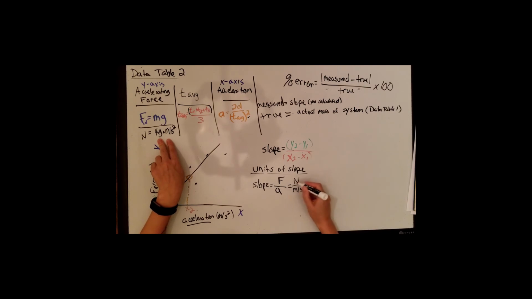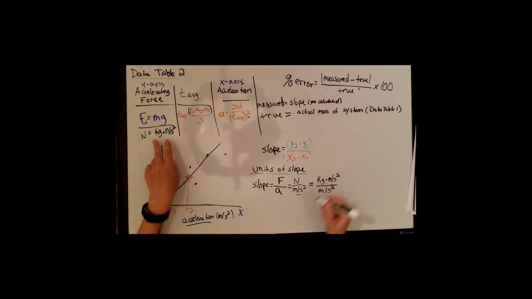So I'm going to substitute the N in the numerator on top for kilograms times meters per second squared. And on the bottom is acceleration, and the units on that, remember, were meters per second squared. So looking at this equation, can we cancel anything out?